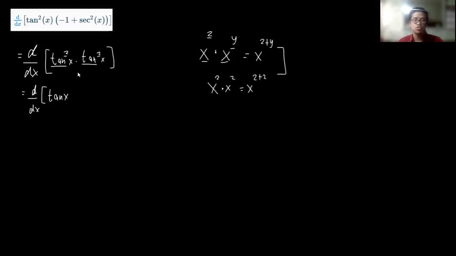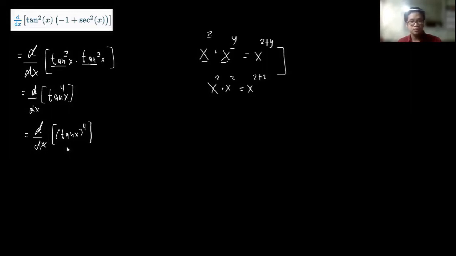So 2 plus 2 is 4. That's it. And I can rewrite this one as the derivative of tangent of x raised to 4. There you go.